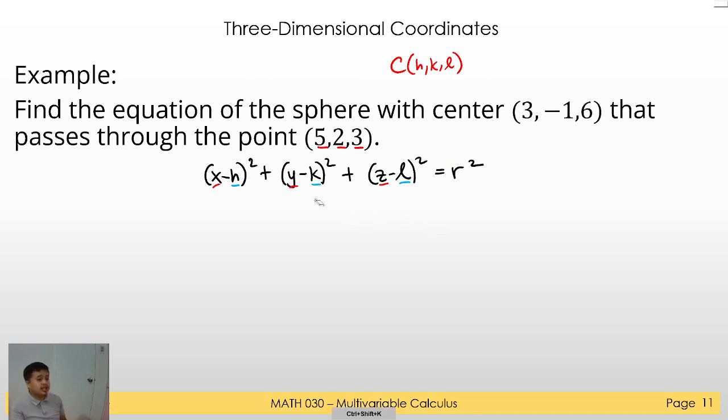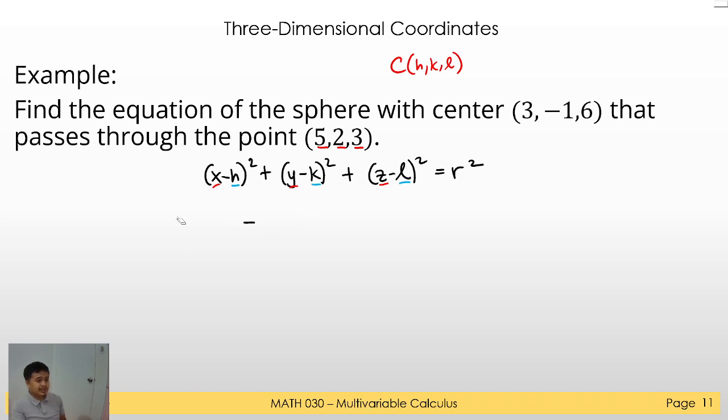And how do we solve for the radius? We have this equidistant point, the locus of points P is equidistant to the center C. So the distance between the point P and the center C is the radius.